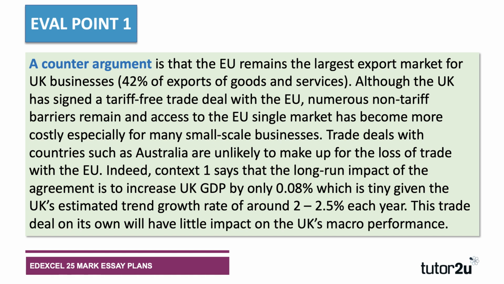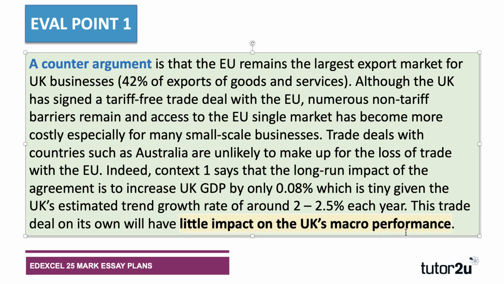Indeed, Context 1 says that the long-run impact of the agreement is to increase GDP by less than 0.1%, which is tiny given we grow by 2.5% per year. So I'm arguing that the trade deal on its own with these countries will have little impact on the UK's macro performance. And just right at the end there, I'm going back to the question. It's always good to go back to the question. It provides a degree of coherence in your answer.